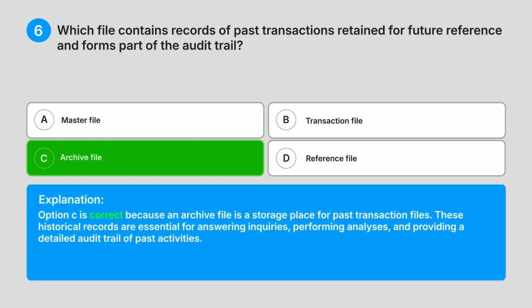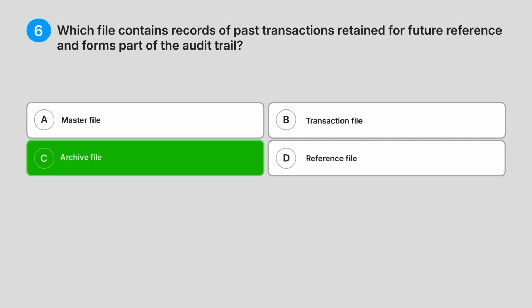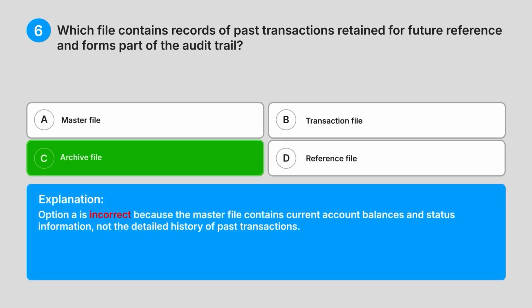Explanation: option C is correct because an archive file is a storage place for past transaction files. These historical records are essential for answering inquiries, performing analyses, and providing a detailed audit trail of past activities. Option A is incorrect because the master file contains current account balances and status information, not the detailed history of past transactions.